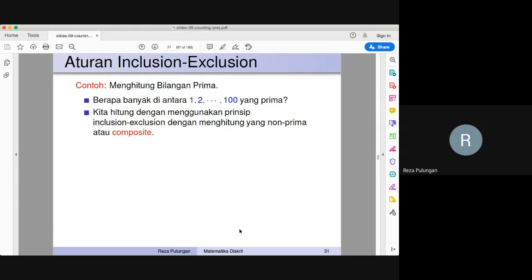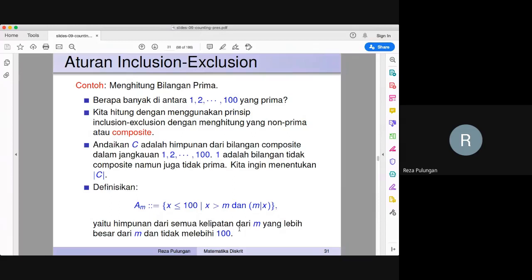And how do we do this? Instead of counting the number of primes, we'll just count the number of non-primes, or what we call composites. Composite numbers are the opposite of primes. So if it is not a prime, then it must be a composite number.